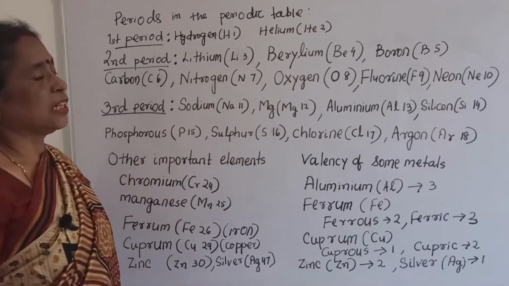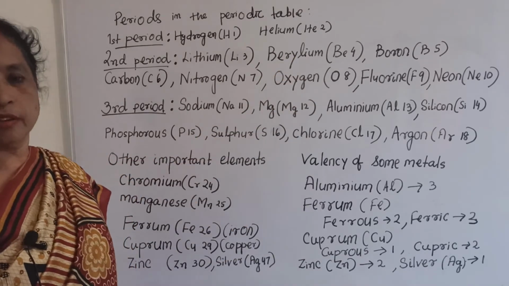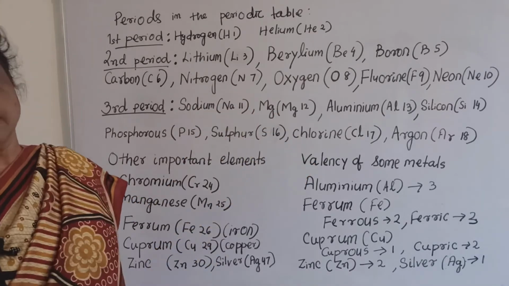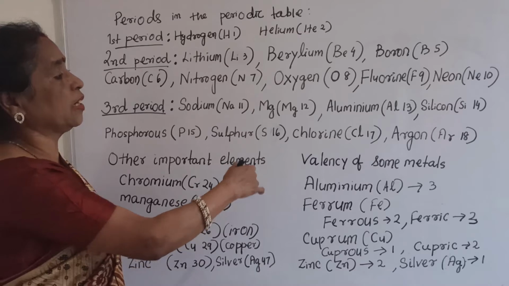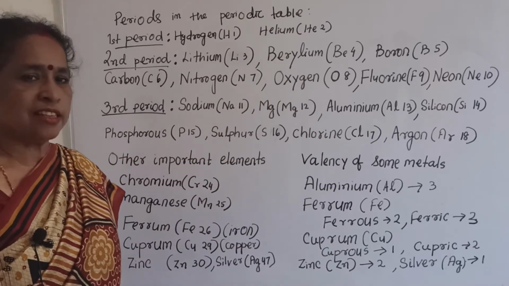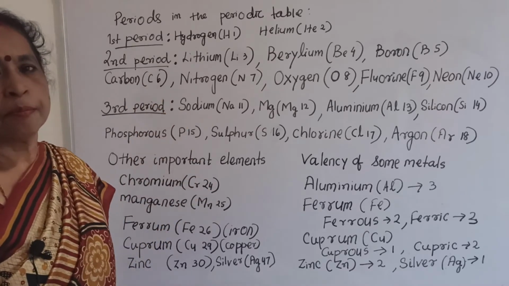Lithium, beryllium, boron, carbon, nitrogen, oxygen, fluorine, neon. Similarly, the third period: sodium, magnesium, aluminium, silicon, phosphorus, sulfur, chlorine, argon. I hope it is clear and you will remember all the elements of the first, second and third periods.